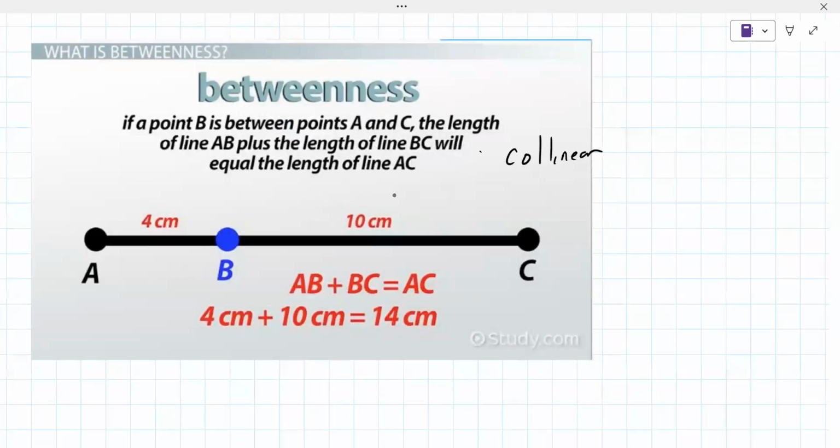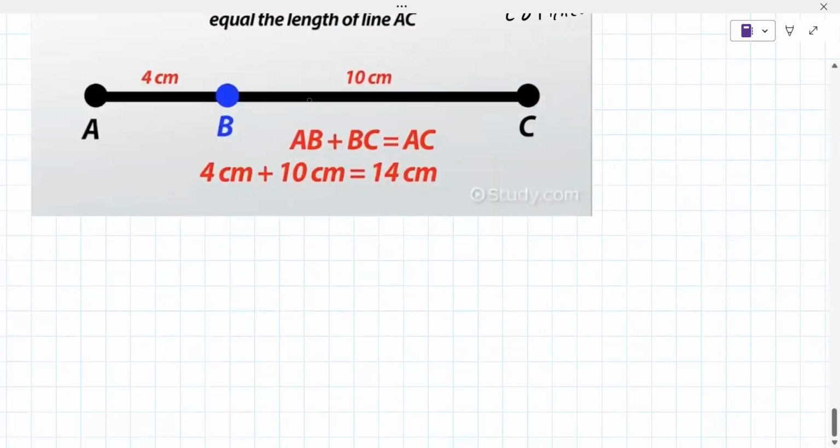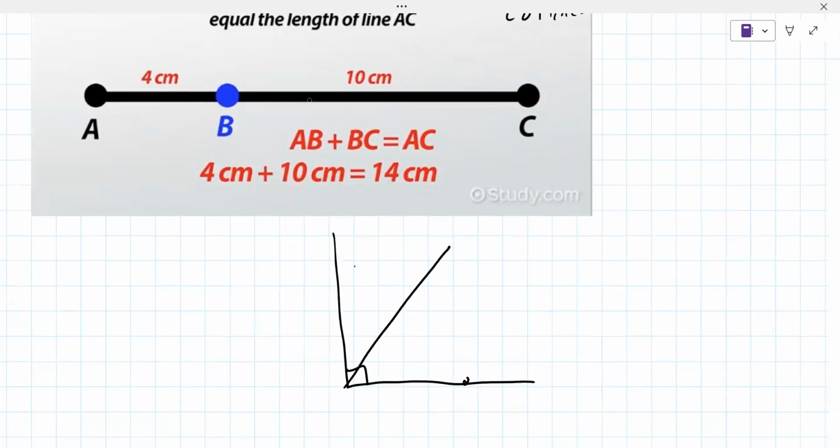Collinear basically means they're on the same line. Right, it is assumed that with betweenness, all 3 points are collinear. And this applies not just to line segments. It applies to angles too, like a 90-degree angle that is broken up into A, B, C.